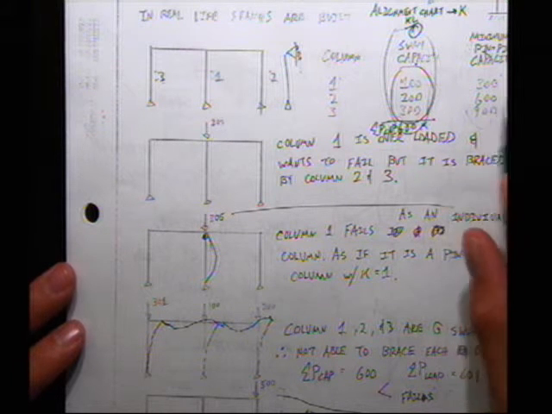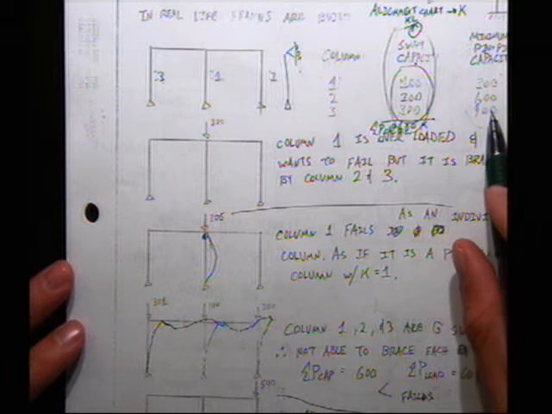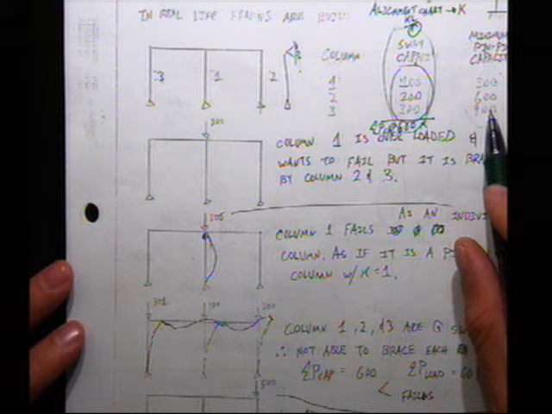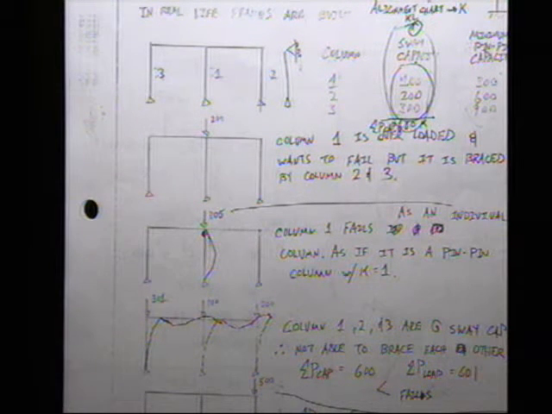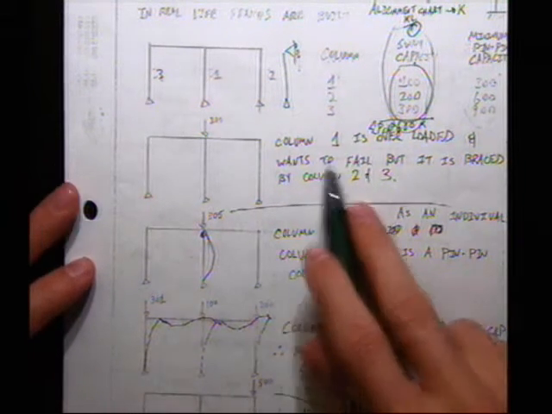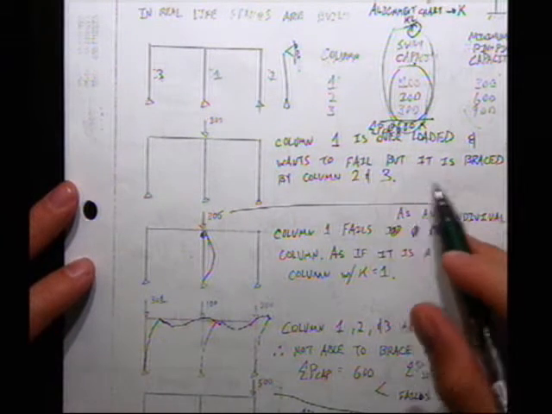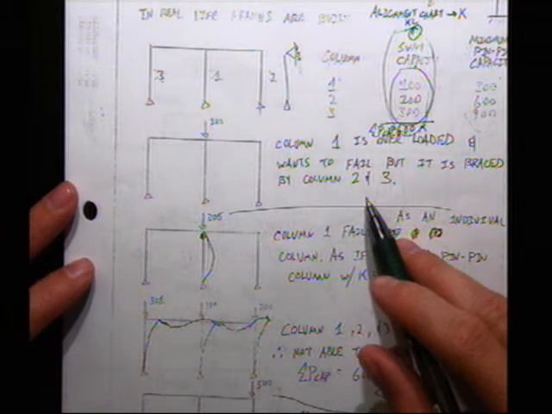And if the load is higher than any of the individual capacities, what's going to happen? It'll individually fail as a pin column. So let's go through these examples here. This is how real things act. Column 1 is overloaded and wants to fail, but it's braced by columns 2 and 3, which help.